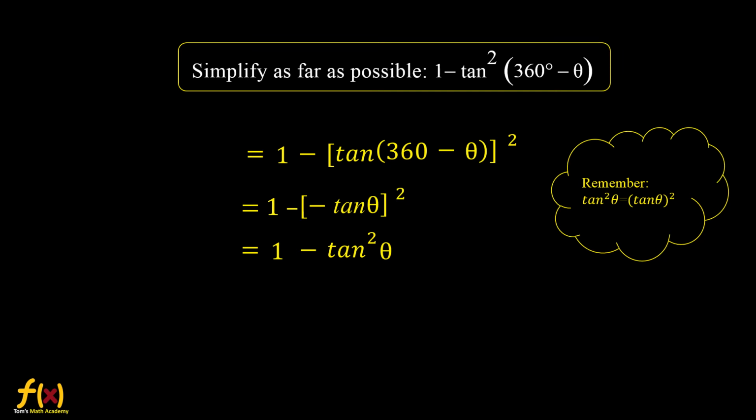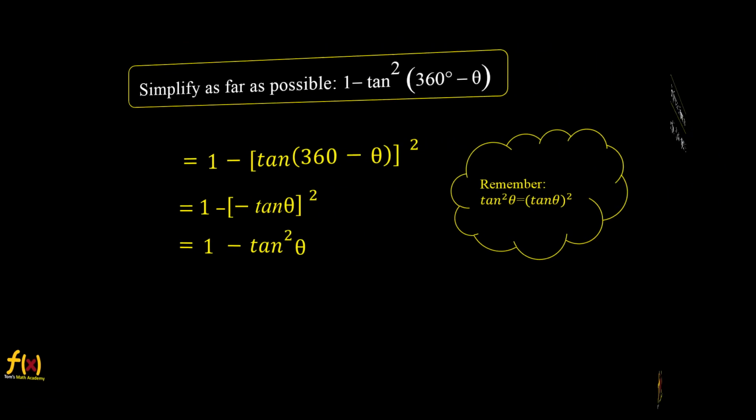But because we have a square here, this minus sign will become positive, since minus squared is positive. And then there is another minus outside. We get 1 minus tan square theta. So that is what we can do in this question. That's all.